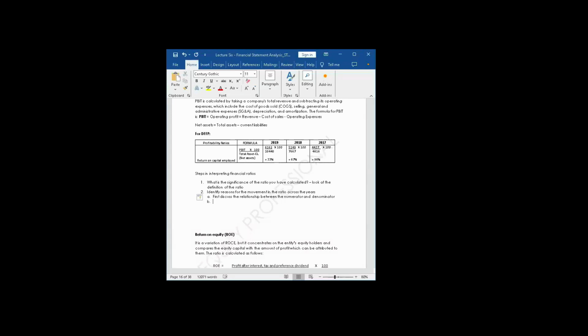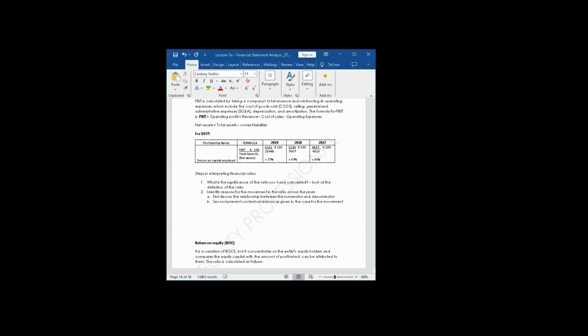Secondly, you can explain the changes based on the contextual information given in the exam.